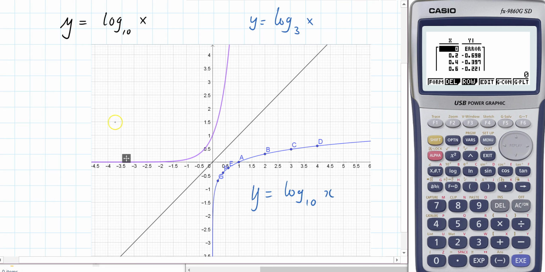This is the graph y equals 10 to the power of x. And they are symmetrical around the line y is equal to x. That's an important feature about exponential graphs and log graphs, that they are the reflection of one another in this line, y is equal to x.